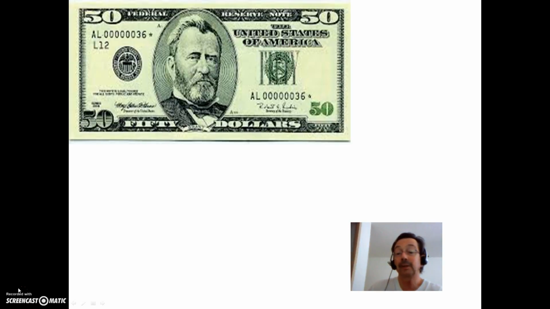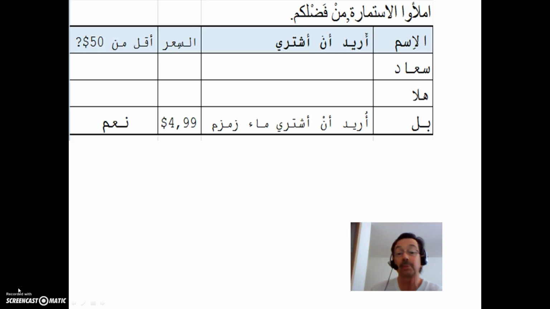I created a fill-in-the-blanks activity on the next slide using an Excel spreadsheet. Students had to write, I want to buy blank publication, indicate its price, and confirm in the far left column that it's under $50. Then they had to do the same thing for each classmate.